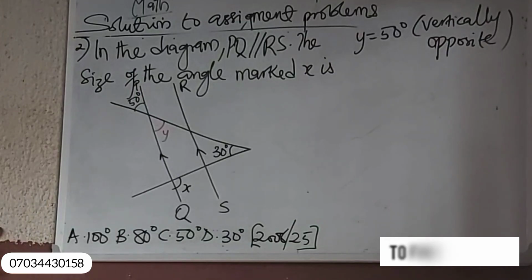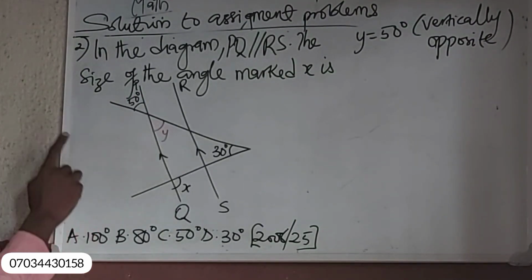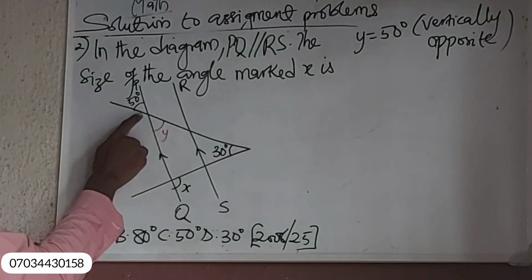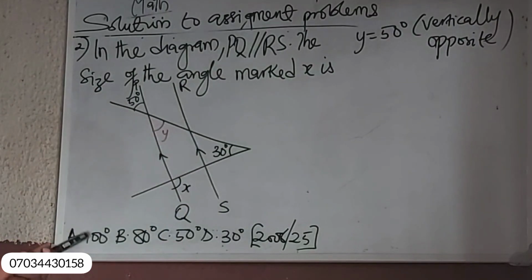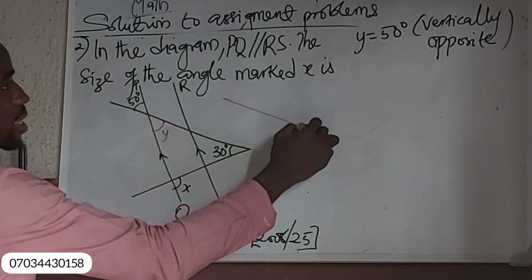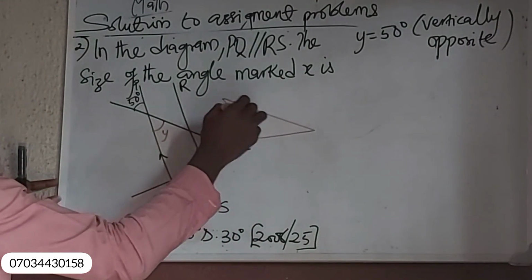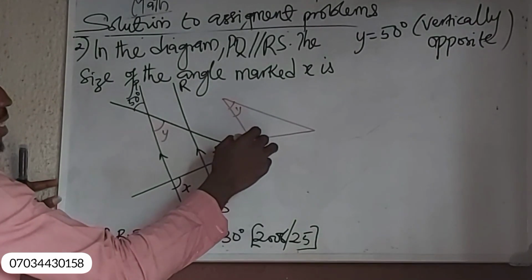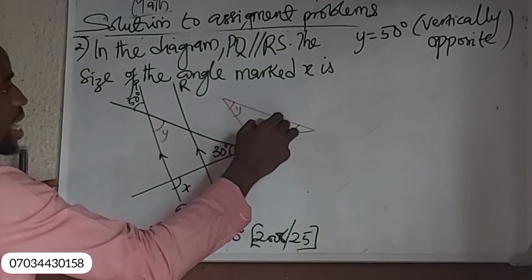Now, to find x is as easy as you can think of. So, watch this triangle. You can see that there is a triangle that runs here. We have found here to be y, we have x outside, and we have here to be 30.